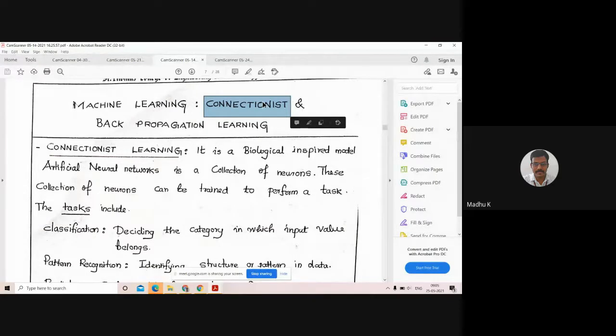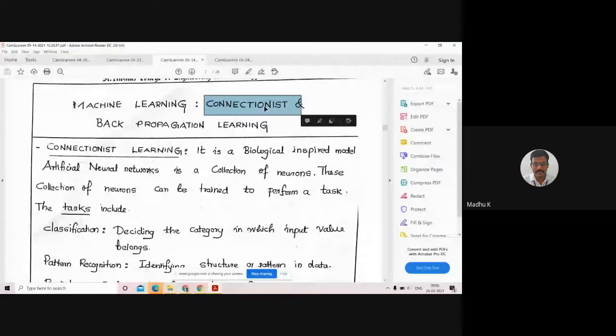So that topic also we want to study here. I am moving very fast, discussing the concepts. So this is called connectionist learning. So basically, what is connectionist learning?